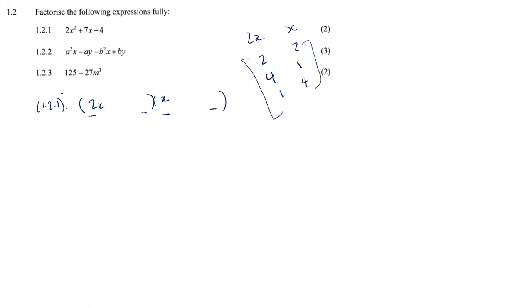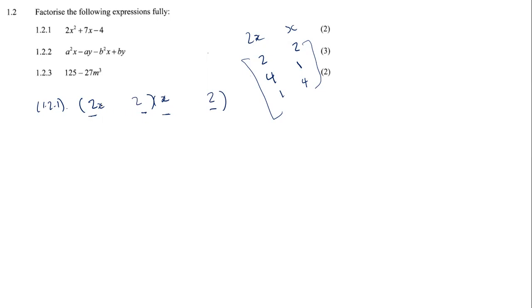After getting those products, when we add or subtract them, we're supposed to get the middle term. So let's start with 2 and 2. If I write 2 and 2 over there, are we going to be able to get the middle term? That's the question. Let's test it.